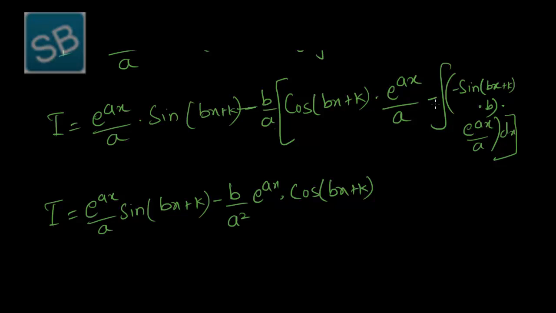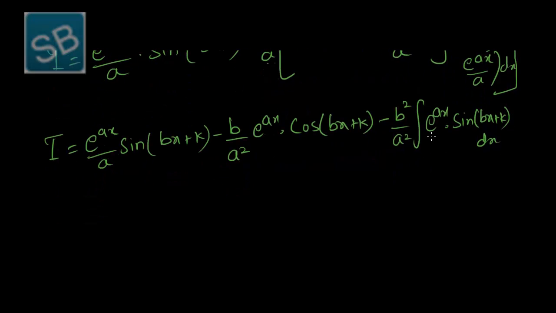Minus minus plus, again minus, it becomes minus b over a into b into a, that is minus b square over a square, integration of e raised to power ax into sine of bx plus k dx, all integration. So if we see, we get I again here. So while introducing I, we have to add the constant of integration.